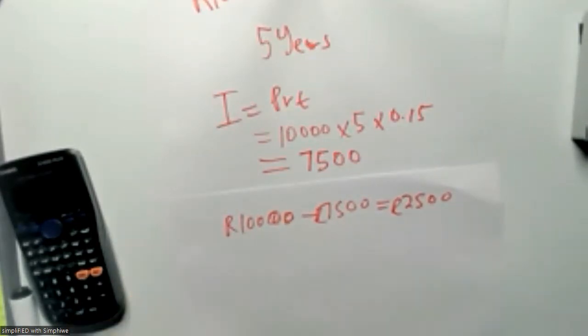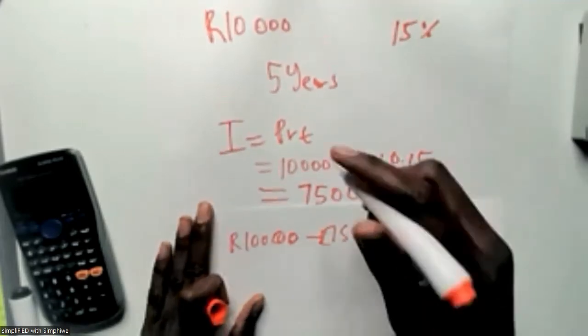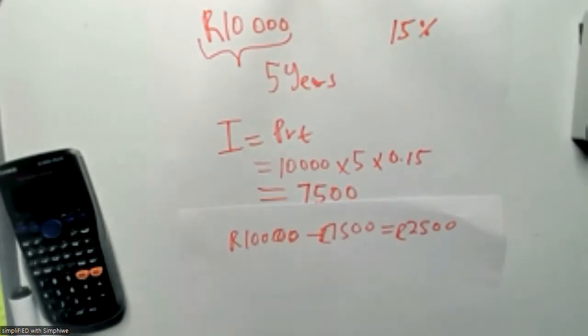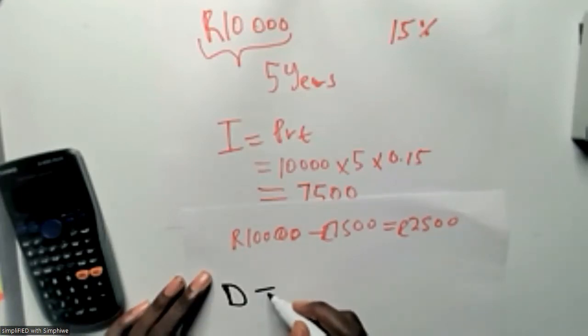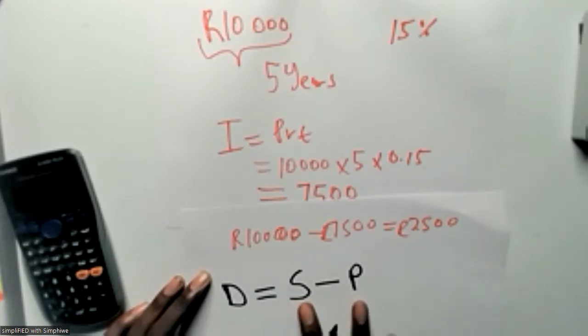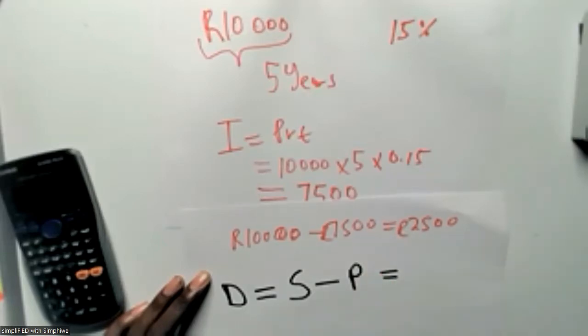So actually, discount just means that you're paying the interest now, and then they give you whatever is left, and then at the end of the period you pay the original amount as it was. That's discount. So it's not like when someone talks about money being discounted at the shop. So technically, discount is equal to whatever you're supposed to pay in future minus the loan they are giving you now, which is like it would have been interest, but now it's your discount.